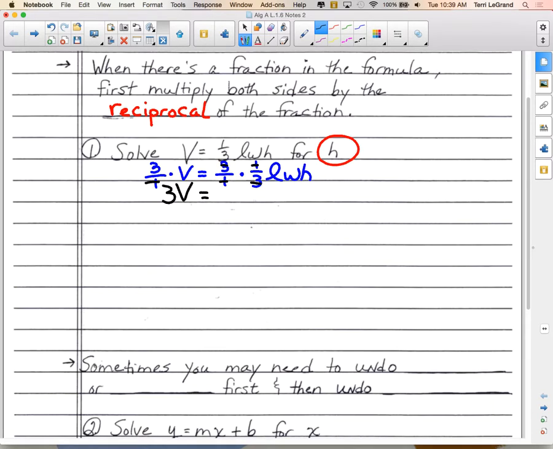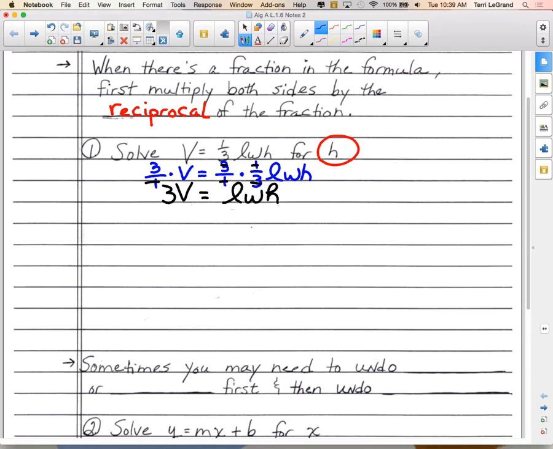These 3's cancel. And we're going to have just 1, which we don't need to write because 1 times 5 is still 5. 1 times 10 is still 10. 1 times LWH is still LWH. So we're not even going to mess with it. We're just going to write LWH. So multiplying by the reciprocal of that 1/3, got that 1/3 out of there.